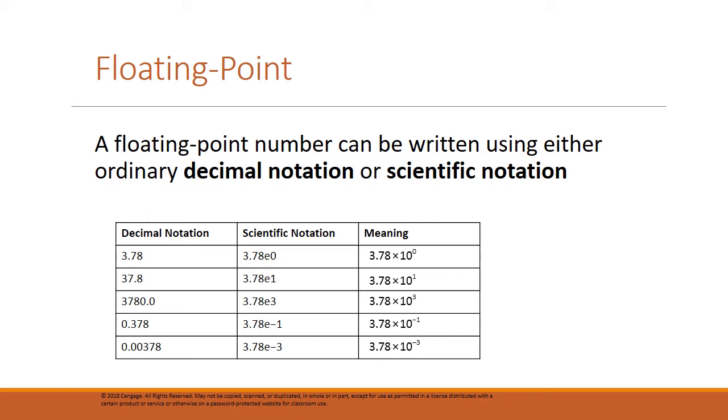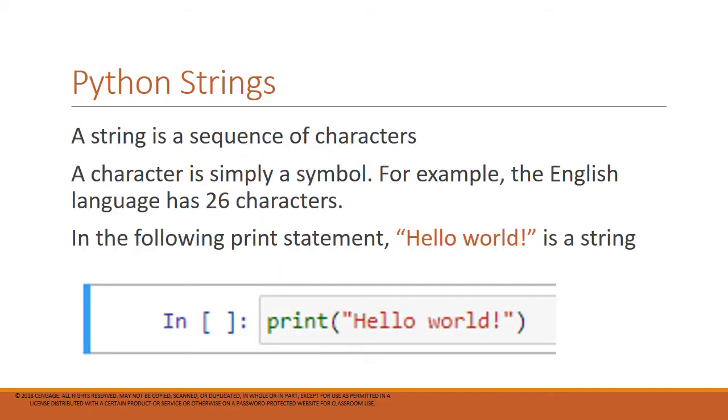A floating point number can be written using either ordinary decimal notation or scientific notation, and this table below presents examples of that.